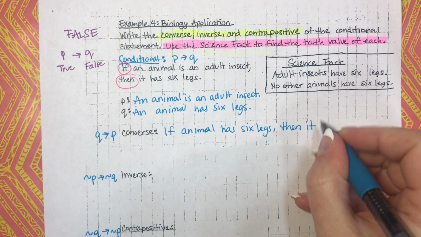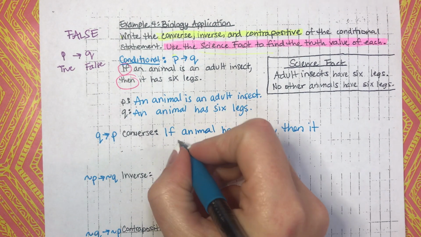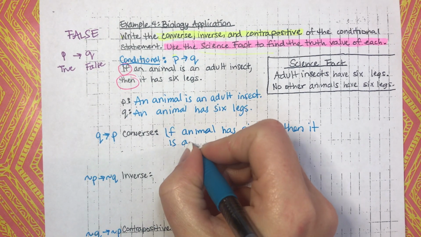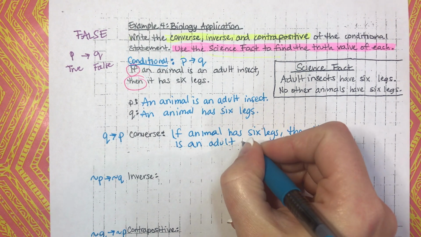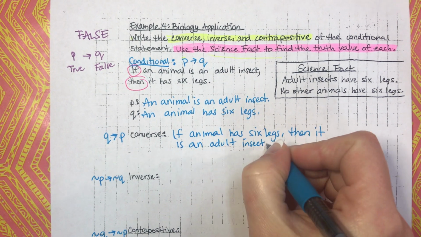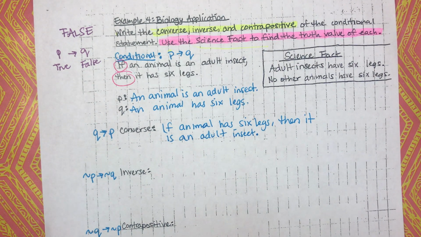Then it is an adult insect. All right, that's the converse.